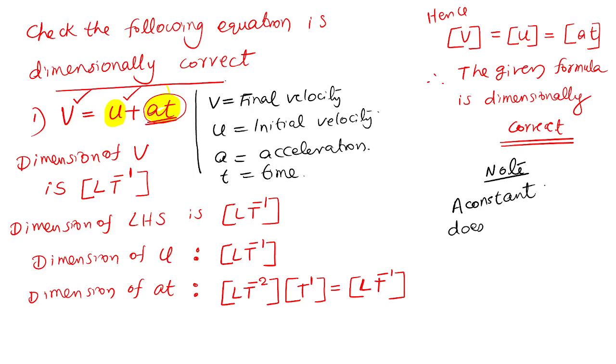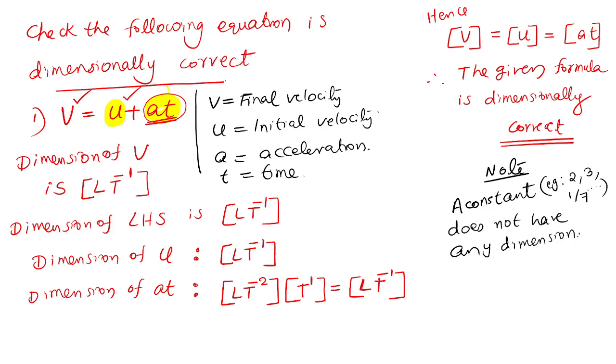A constant means examples like 2, 3, 1/7. A number like 2, 3, 1 by 2 does not have any dimension. I will give you an example, don't worry. So please write this one as a note.